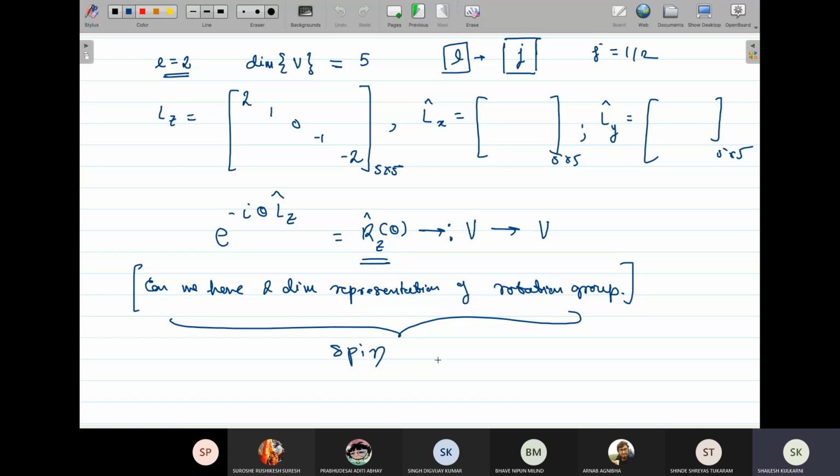Usually, under rotation by 2 pi about some fixed axis, theta equal to 2 pi and theta equal to 0 are the same elements in that rotation group. But for spin, the story is slightly different.